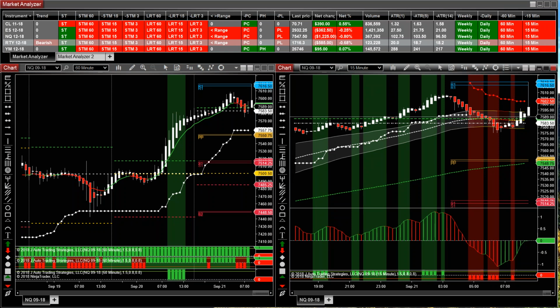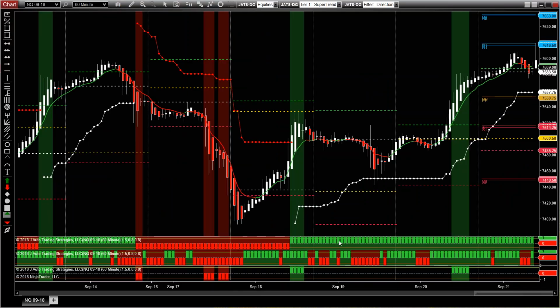So let me show you how I do that with NinjaTrader and Bloodhound and my process and my taming of the futures trading shrew. This was the first template I came up with, the direction guide template.